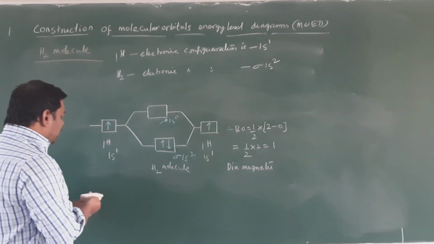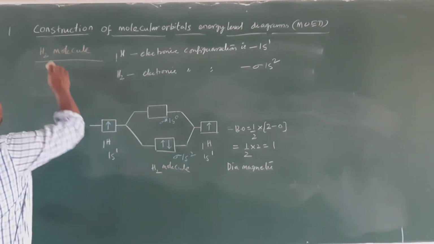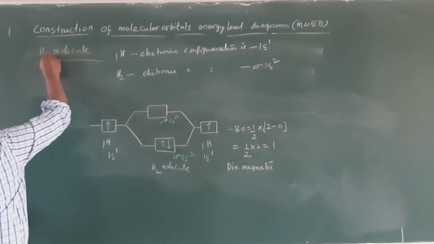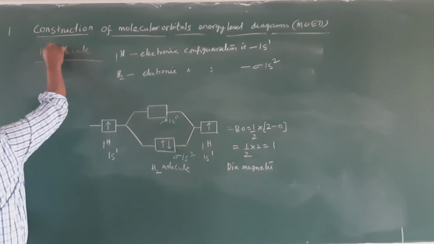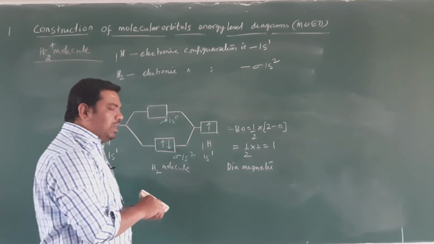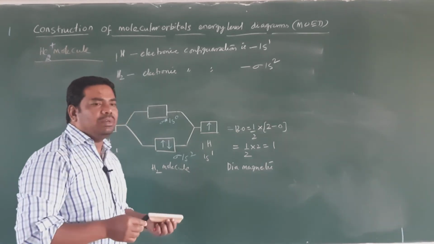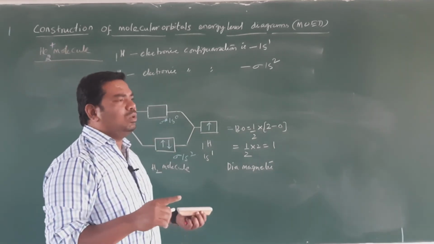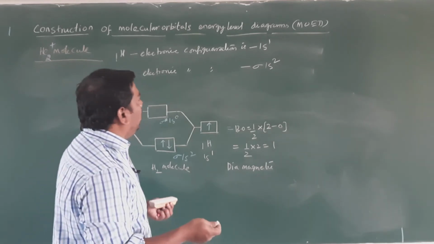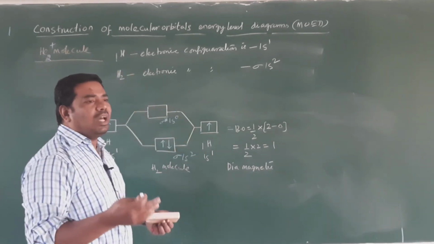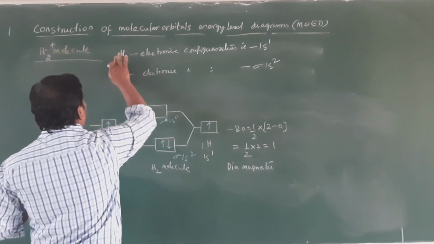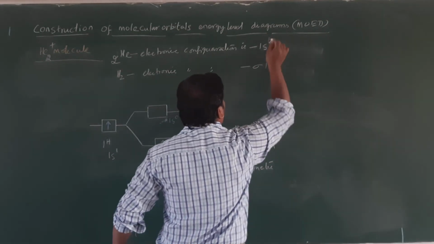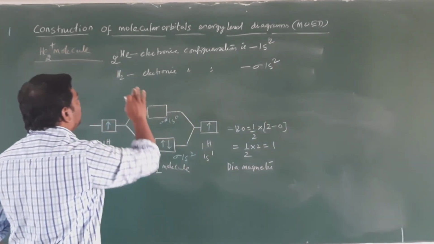Right. Next we will move to the He2 plus molecule, student. Helium has atomic number 2, and here we have two helium atoms, so 4 electrons, but 1 electron is lost from 1 helium atom. The electronic configuration of helium is 1s2.